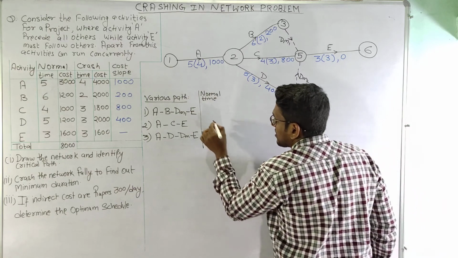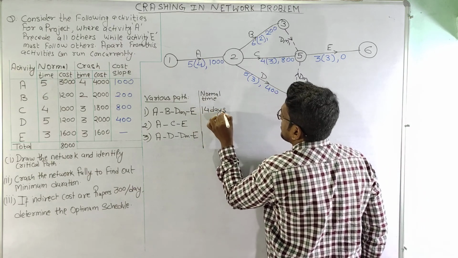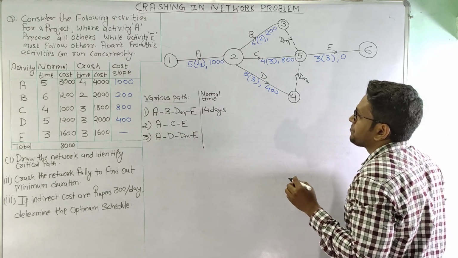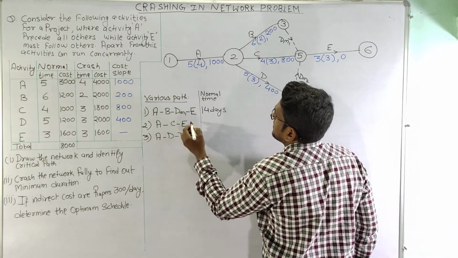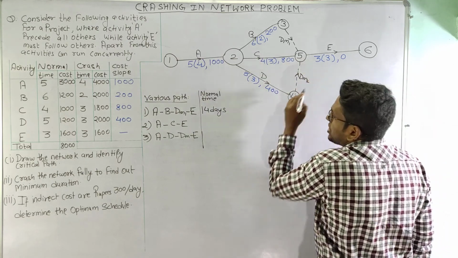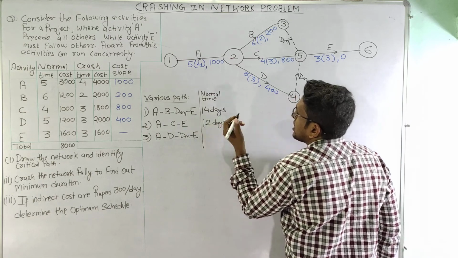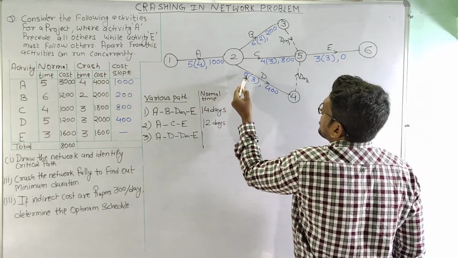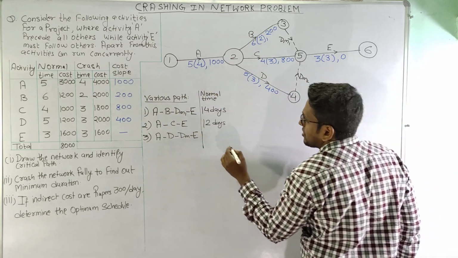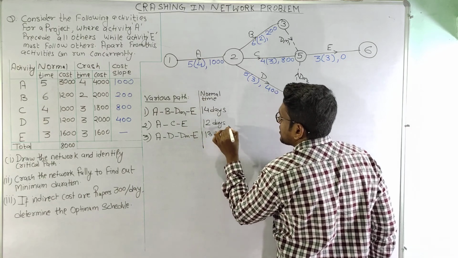So this is 14 days. Now the second route, this is 5 plus 4, 9 plus 3, 12. So this route has 12 days. Similarly the third route, 5 plus 5, 10 plus 3, 13. So this has a duration of 13 days.